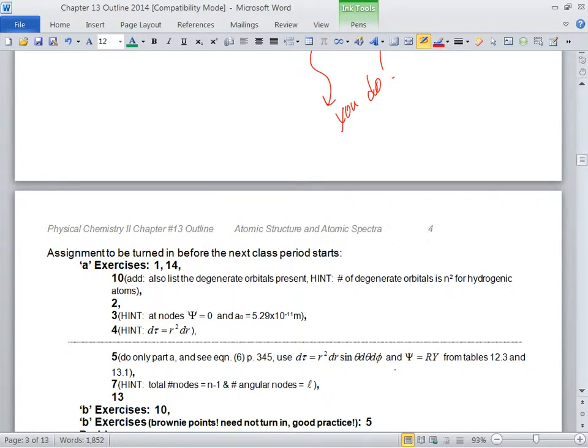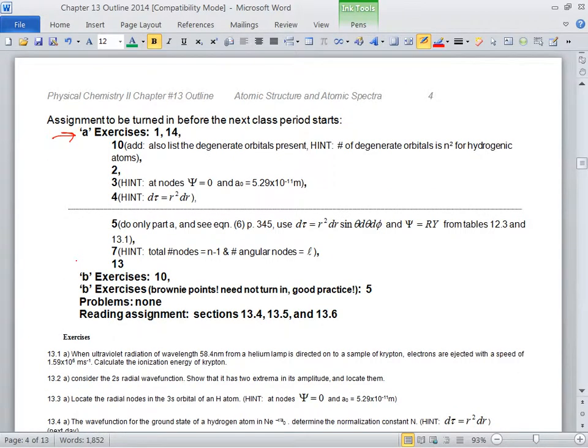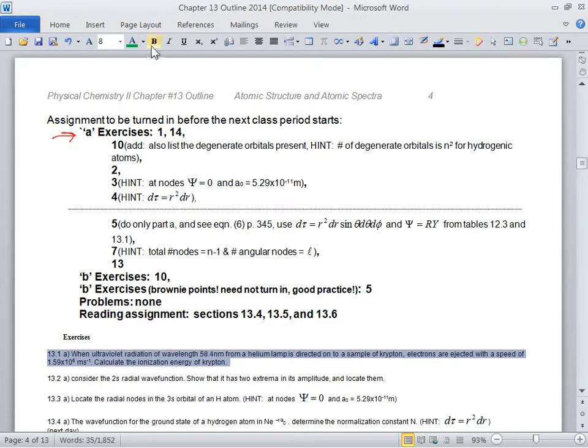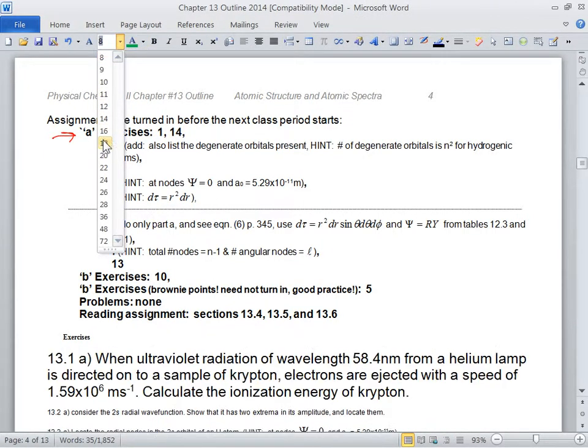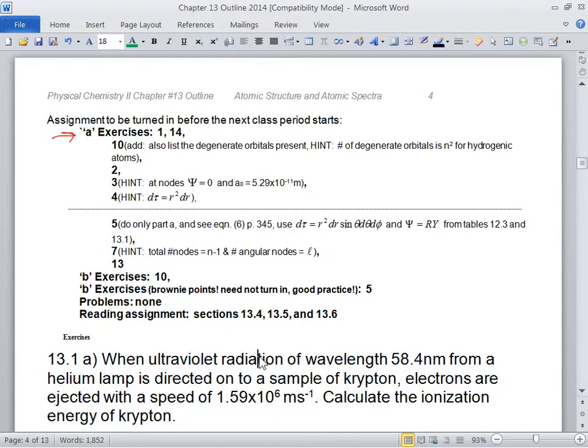Okay. Let's see if we can set up an exercise. So now I'm here. Exercises 1 and 14. Oh yeah, these are typed up. It's a lot bigger so you can see it. Okay.